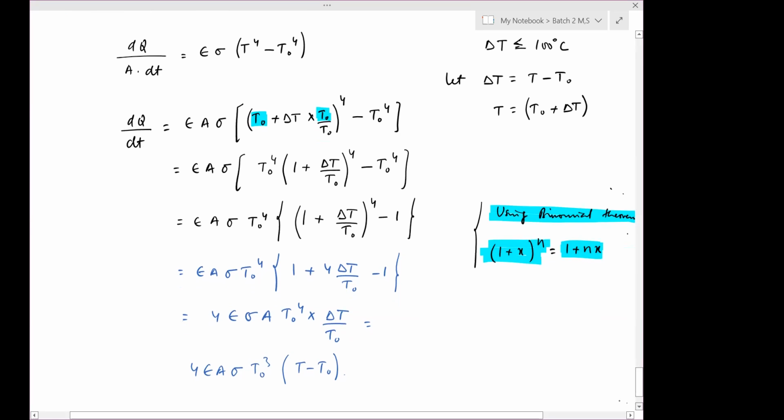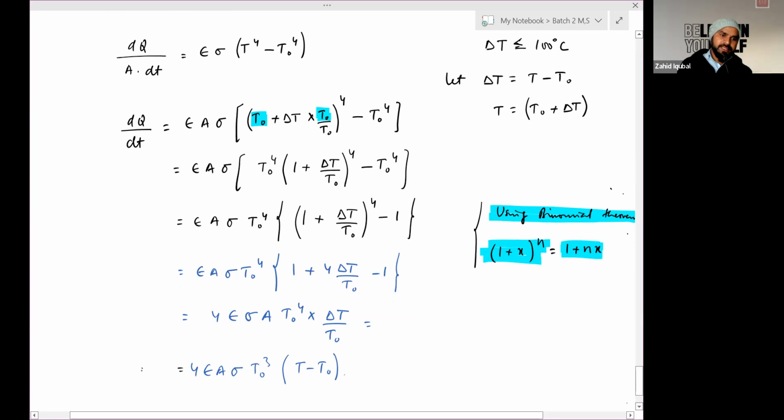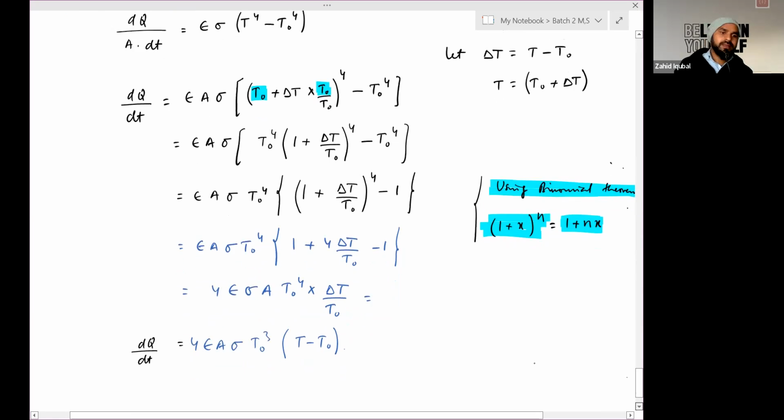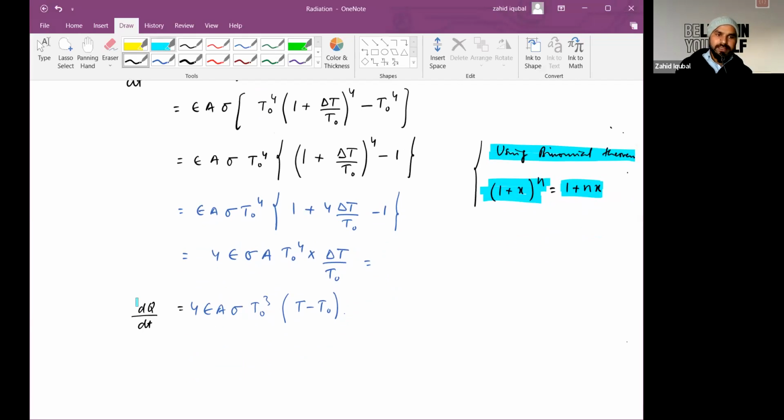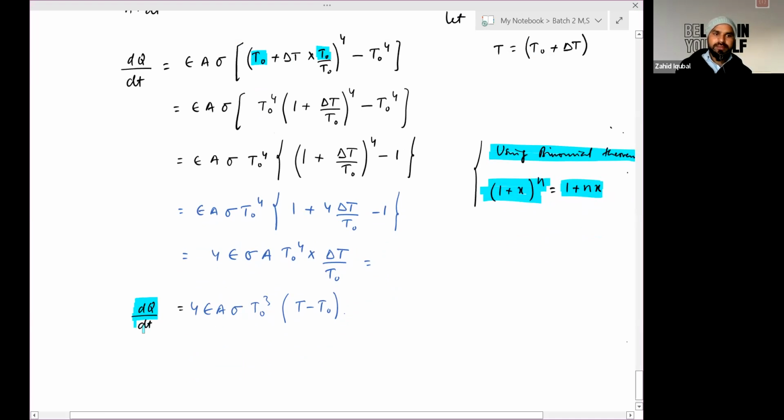Okay. Now in this part, we have just derived an expression in which the left hand side is dQ by dt, which is also termed as rate of heat lost by that hot body. This entire term is constant for epsilon, area, sigma, and temperature of surrounding. And this part is the temperature difference of body and surrounding.